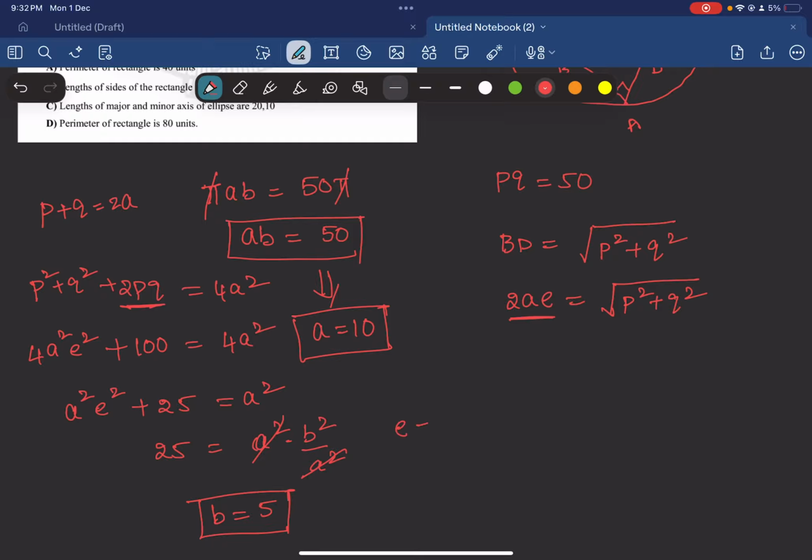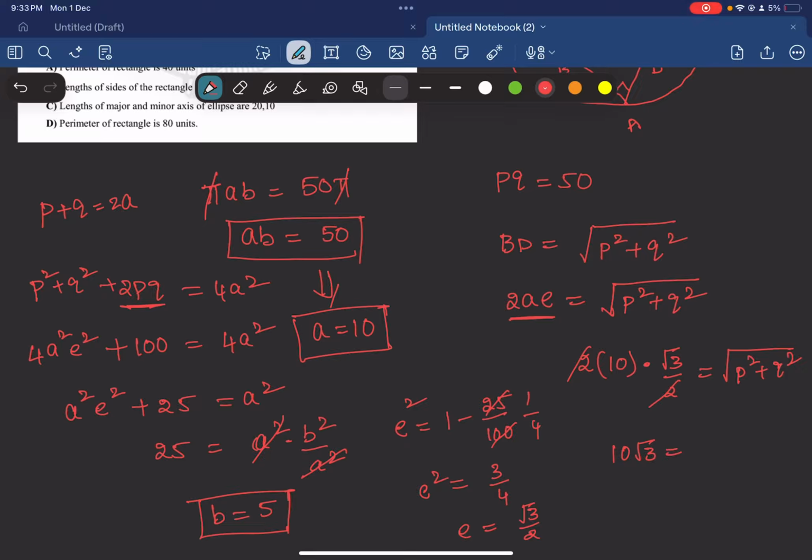So your eccentricity e square will be 1 minus b square upon a square, 25 by 100, so this is 1 upon 4. So this is 3 upon 4. This is e square, so your e will be root 3 by 2. So 2 times a, your a is 10, your e is root 3 by 2, is equal to root of p square plus q square. So this and this get cancelled.